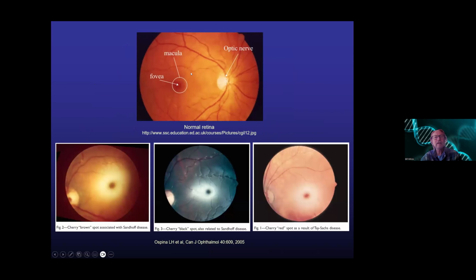So this is the normal retina with the optic nerve and the fovea and the macula. That's where our central vision is. And over time, as storage occurs in either Sandhoff or in Tay-Sachs here, you get atrophy of everything except the fovea.